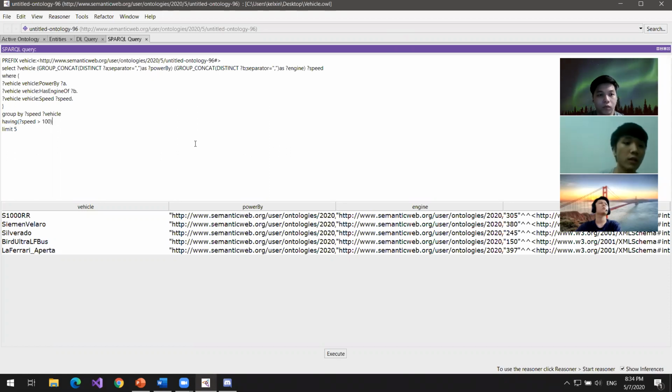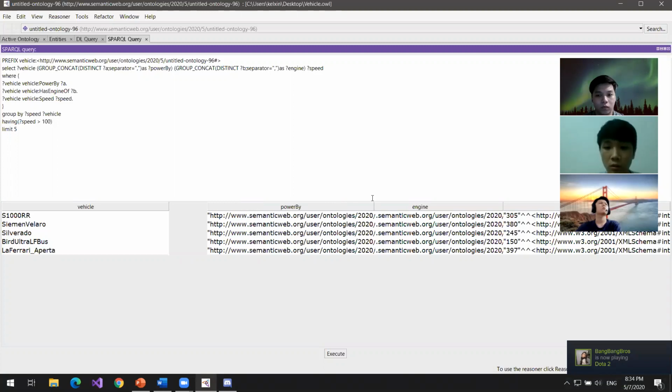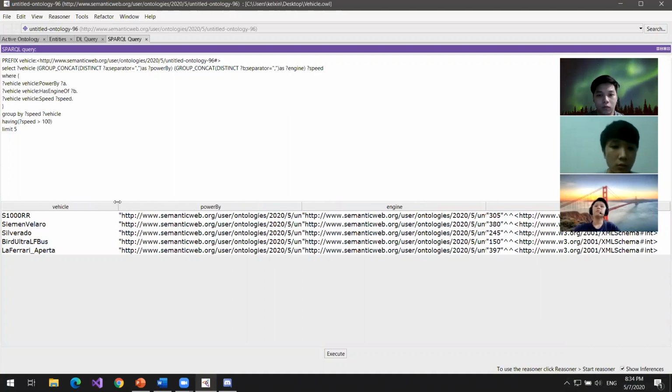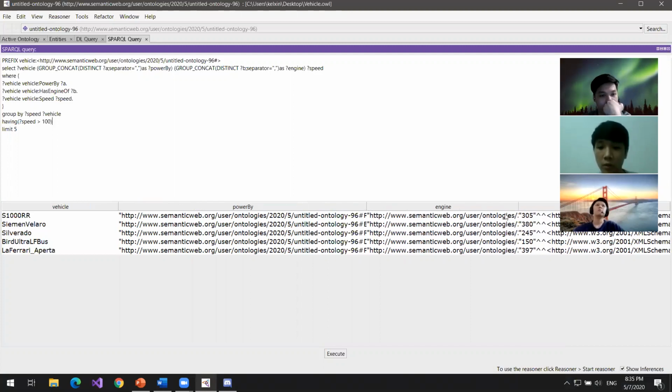In this query, we are searching for the vehicle name, the powered by what, the energy, and the engine of the vehicle and the speed. We use group concat to link because some of the vehicles are powered by multiple energy, and they have multiple types of engine.